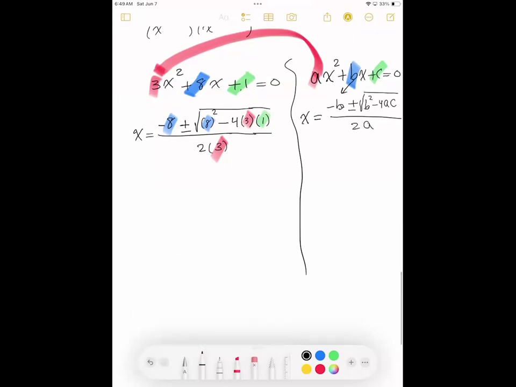So now we are going to simplify under the radical. 8 times 8 is 64. 4 times 3 times 1 is 12. 2 times 3 is 6. 64 minus 12 is 52.